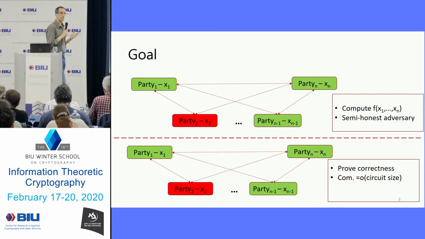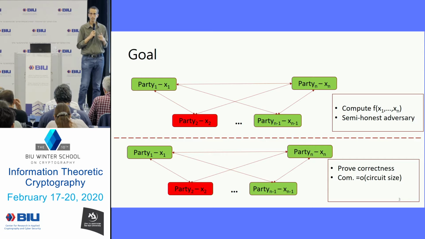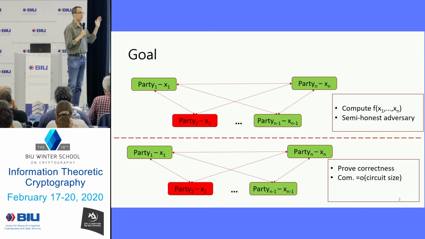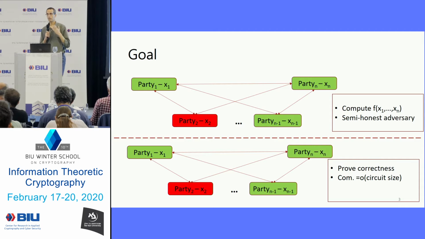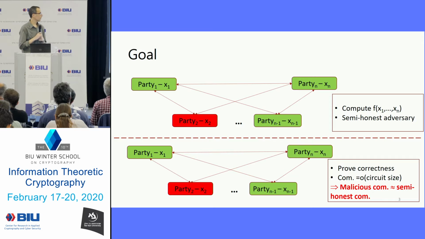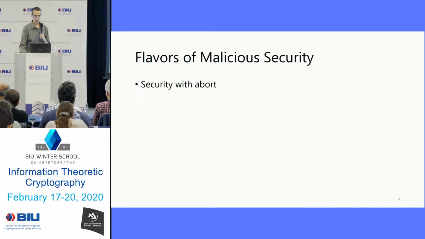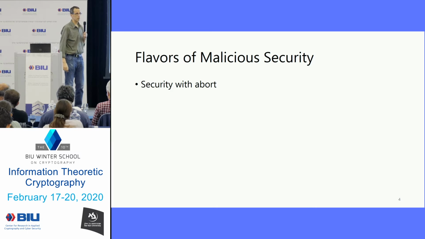Once we have that kind of compiler, we can focus on improving the efficiency of semi-honest protocols, because we get malicious security for essentially the same cost, at least in communication.